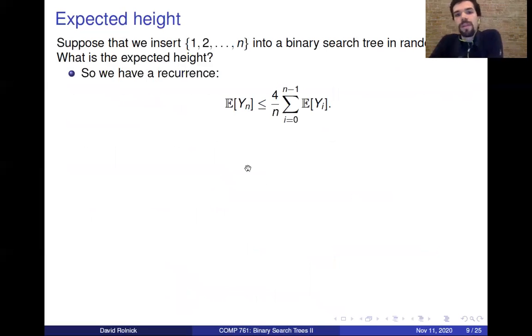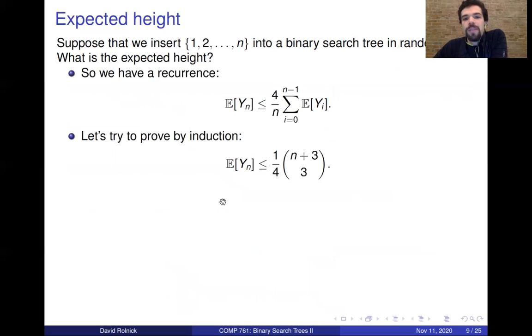So now we can try to solve this. In particular, we're going to try to prove by induction that the expected value of y sub n is less than or equal to a quarter of n plus 3 choose 3.